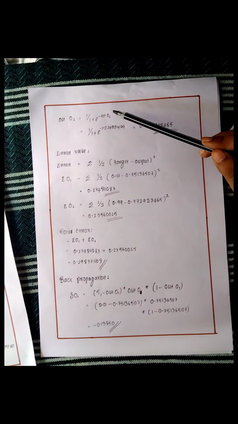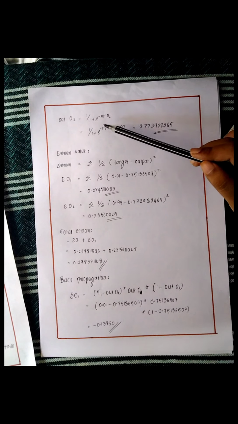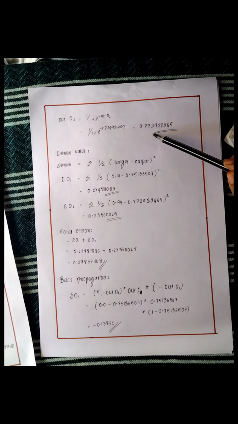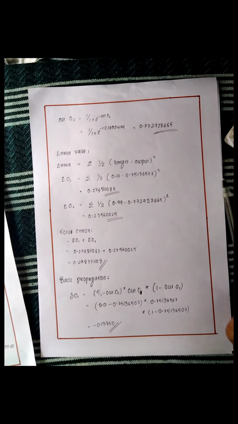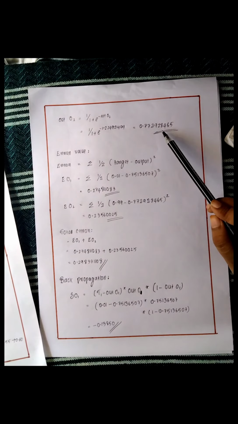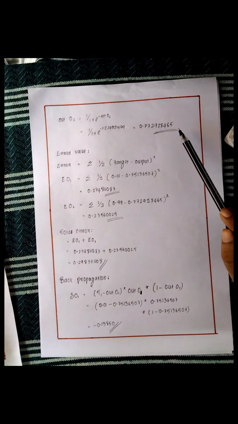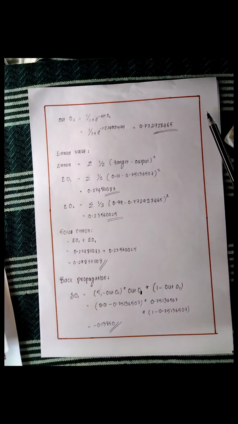Then the output for O2 is 1 by 1 plus e power minus net O2, which is equal to 0.7729284665.